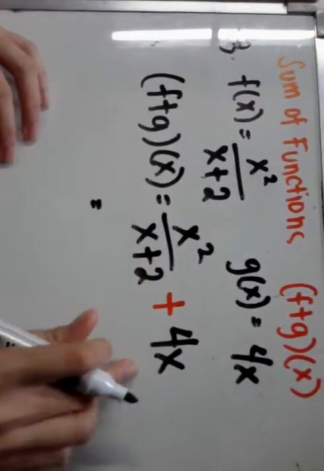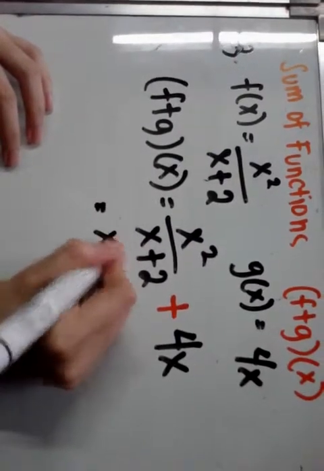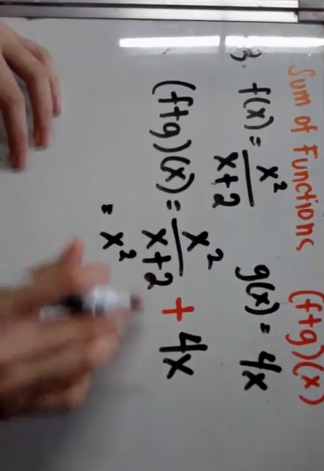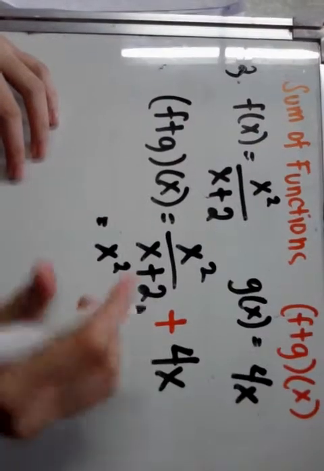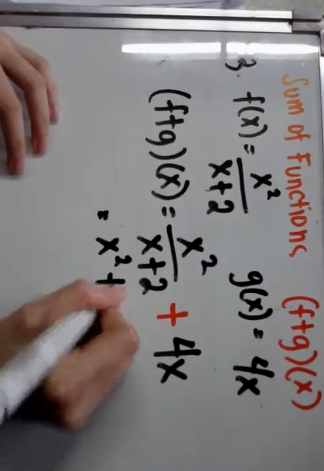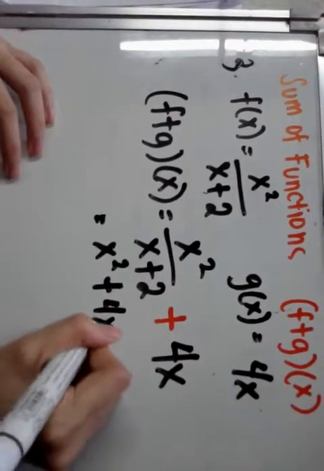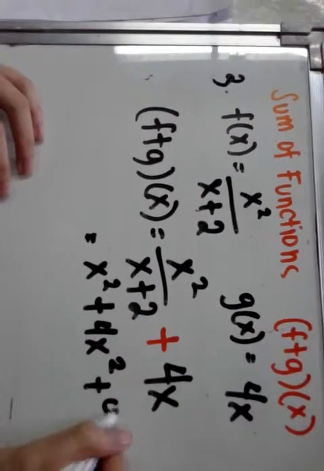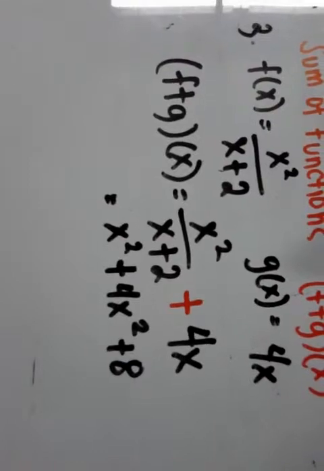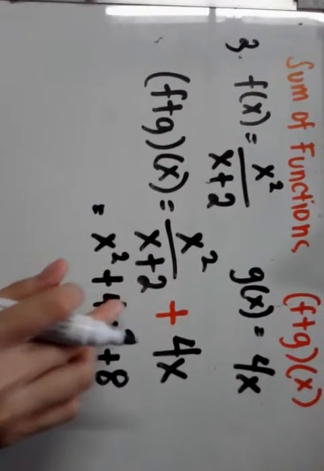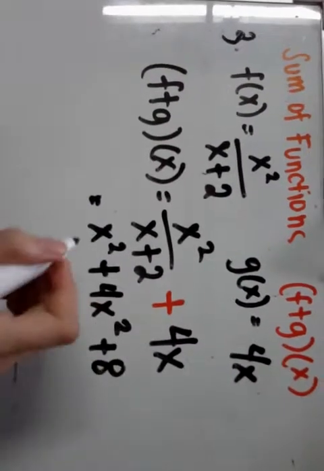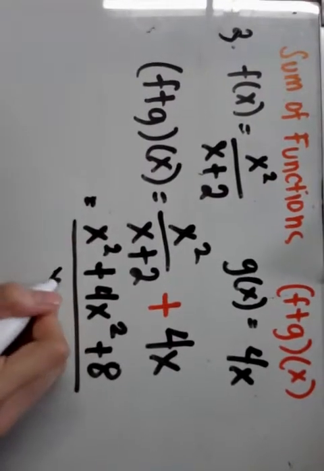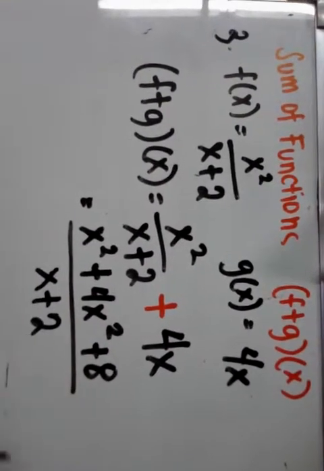So first copy x squared, then copy 4x, then multiply 4x by x. 4x times x is equals to 4x squared. 4x times 2 is equals to 8x. So now we are just going to copy the denominator, which is x plus 2. And then simplify.